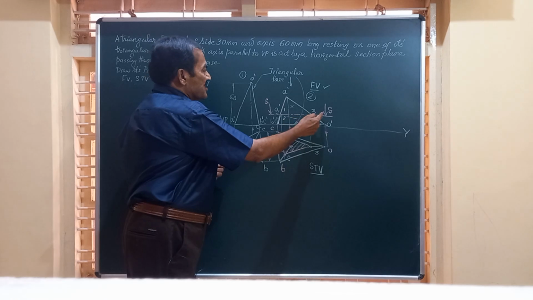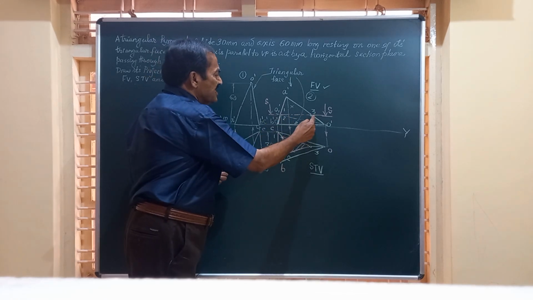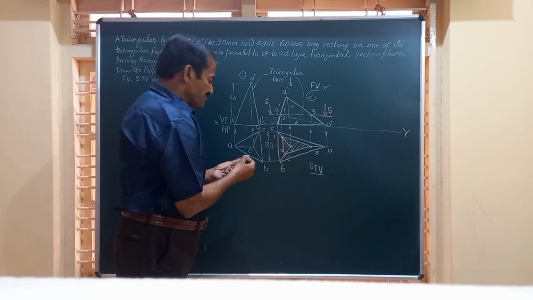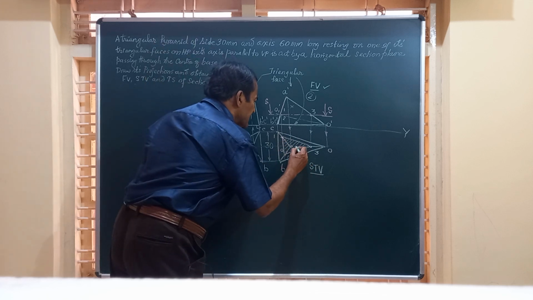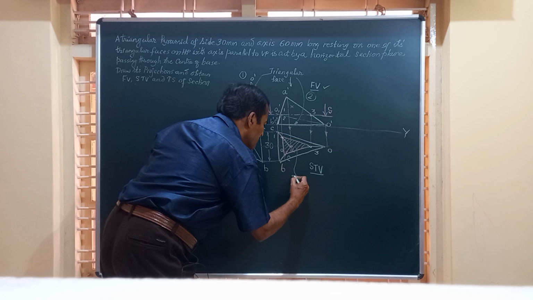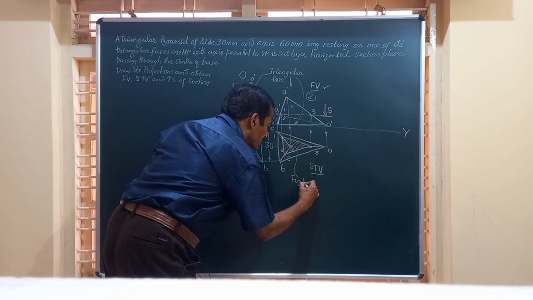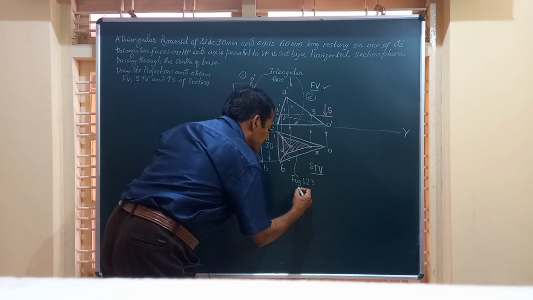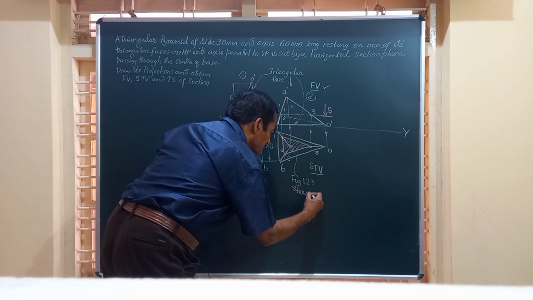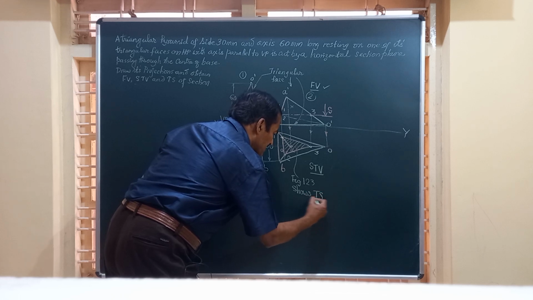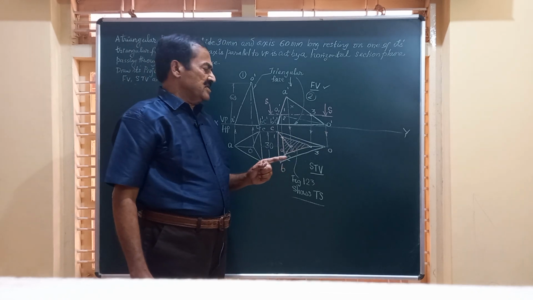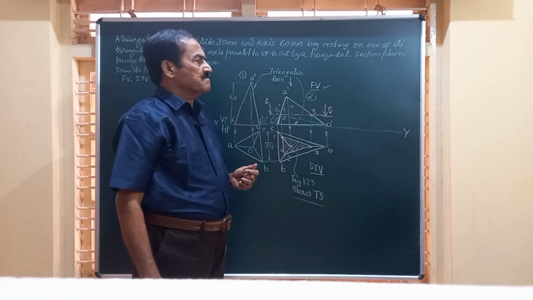So here section plane is SS, is cutting here, the corresponding top view is this one, sectional top view, and the hatched area, that is figure 1 2 3, this figure 1 2 3 represents the true shape of section, and in this case the true shape of section is a triangle.